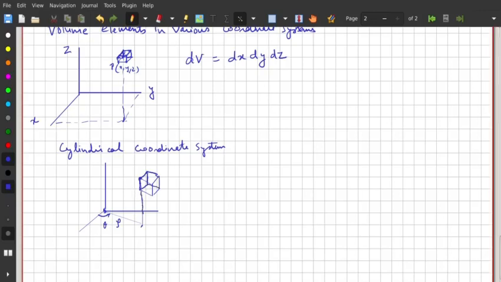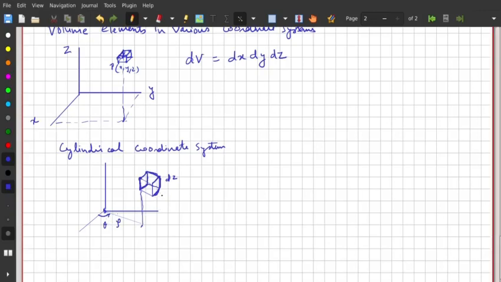As you can see, if you see the sizes of this small differential volume, the size parallel to the z-axis is dz. This one, which is parallel to the xy plane, is basically this length, as you can see from this: this is rho and this is theta.